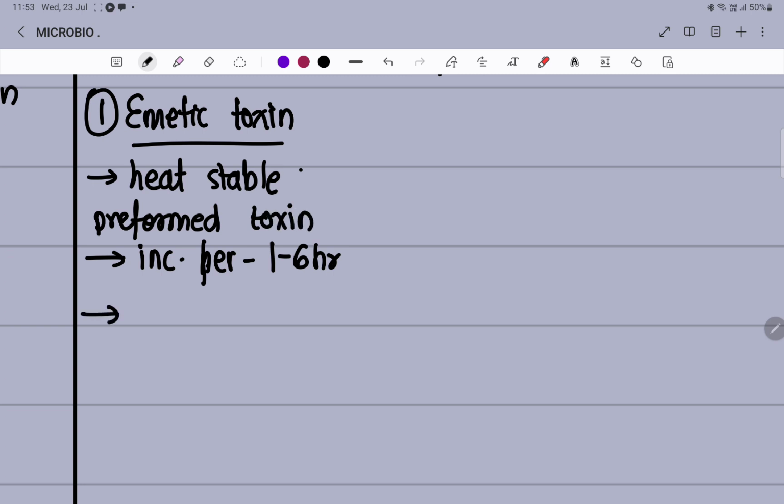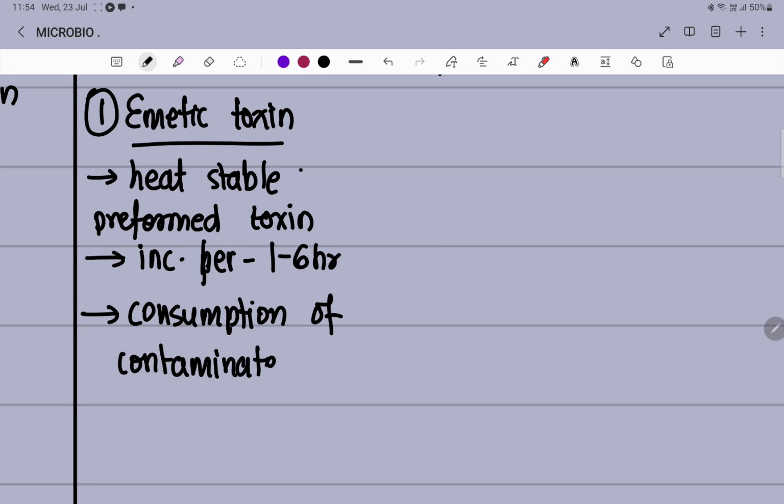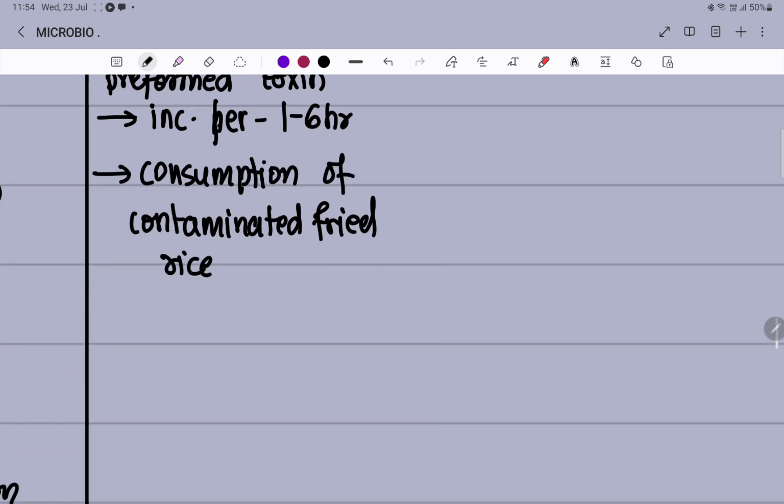It is due to consumption of contaminated fried rice with emetic toxin.